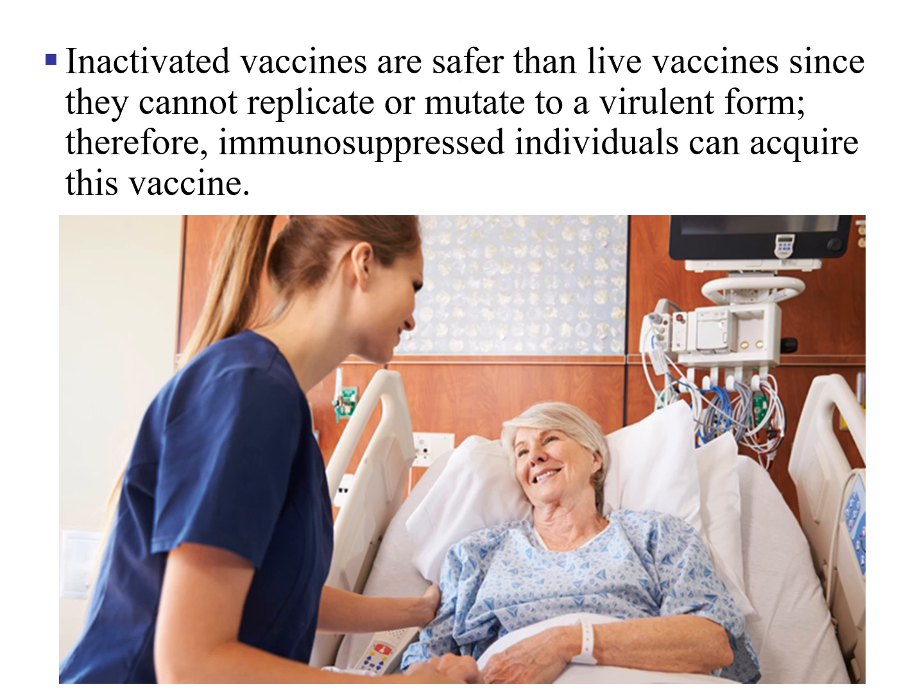Inactivated vaccines are safer than live vaccines since they cannot replicate or mutate to a virulent form. Previously, the attenuated ones are able to revert back. I use that term, revert. These cannot because they're dead.